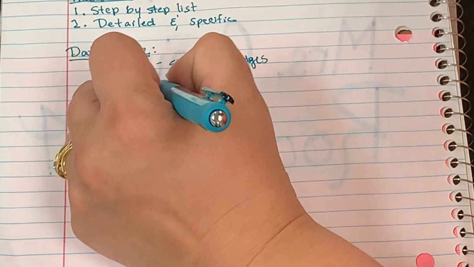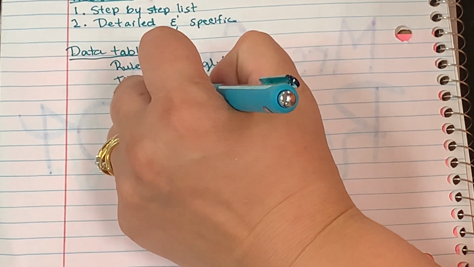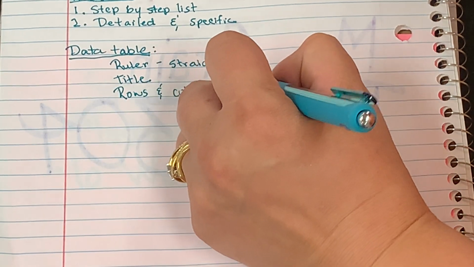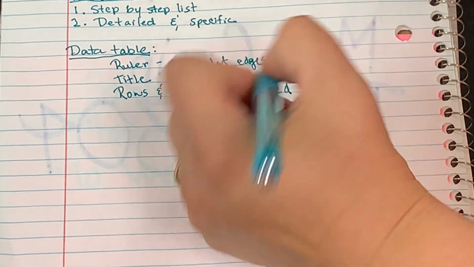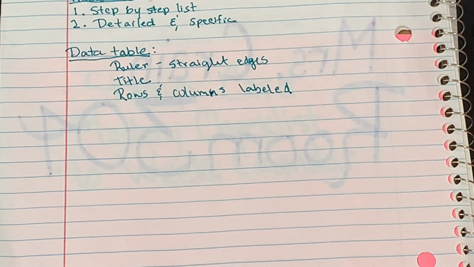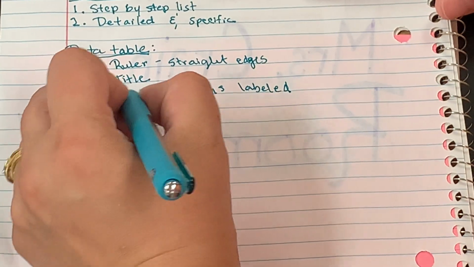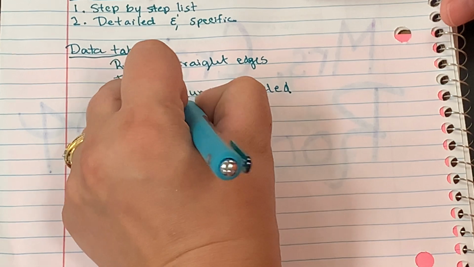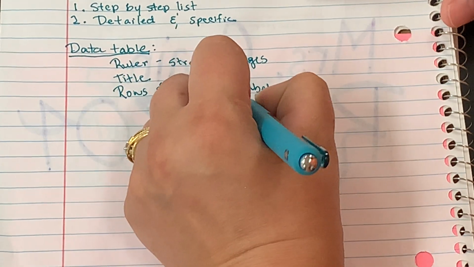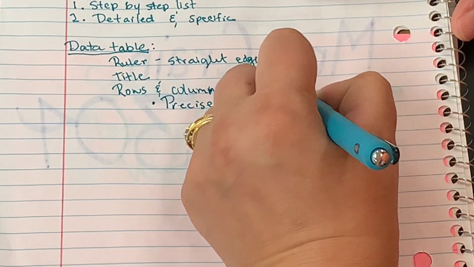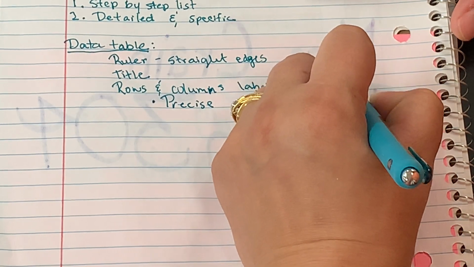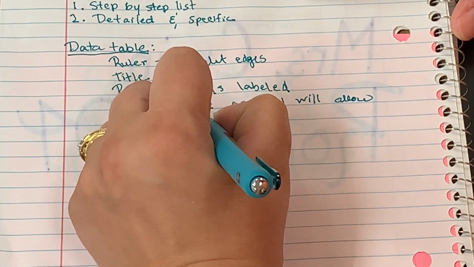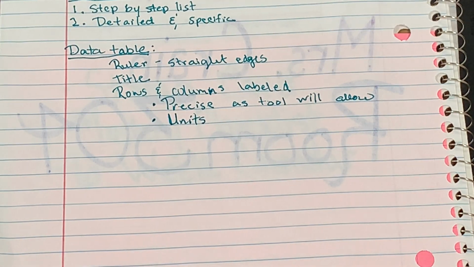Your rows and columns should be labeled. Okay. Remember, when you're recording your data, what's recorded should be as precise as the tool will allow. And your data should all have units so that we know what magnitude we are measuring.